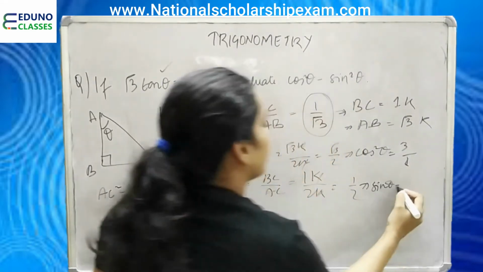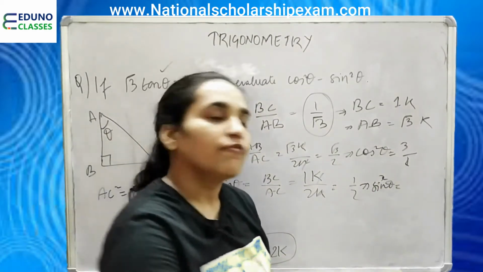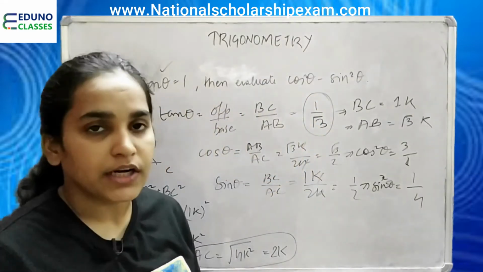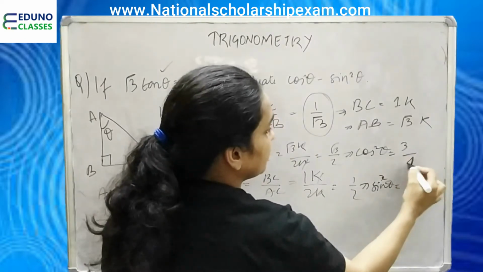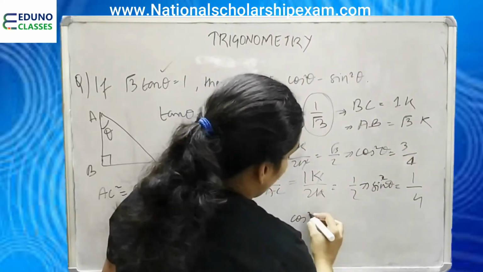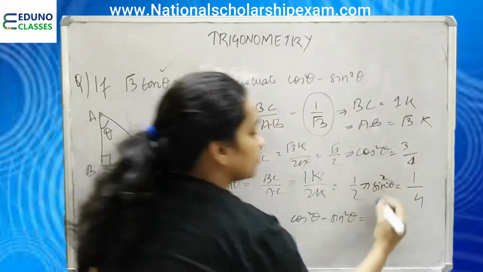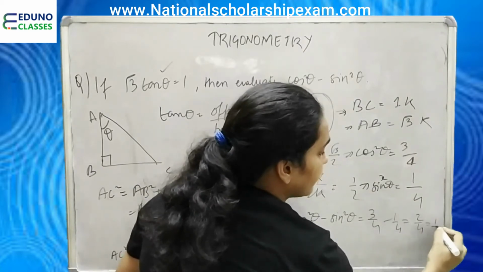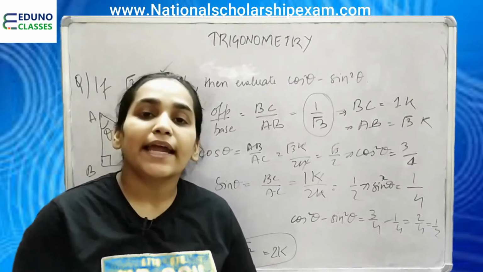Sin theta we know is 1 by 2, so sin square theta is 1 by 2 whole square, 1 square upon 2 square, which is 1 by 4. Now we have to subtract. So cos square theta minus sin square theta is equal to 3 by 4 minus 1 by 4, 2 by 4, 1 by 2. So cos square theta minus sin square theta is 1 by 2.